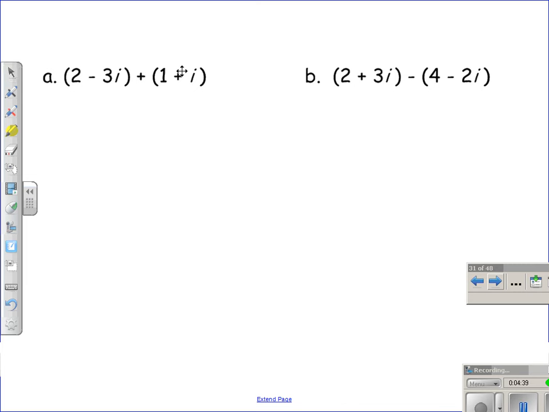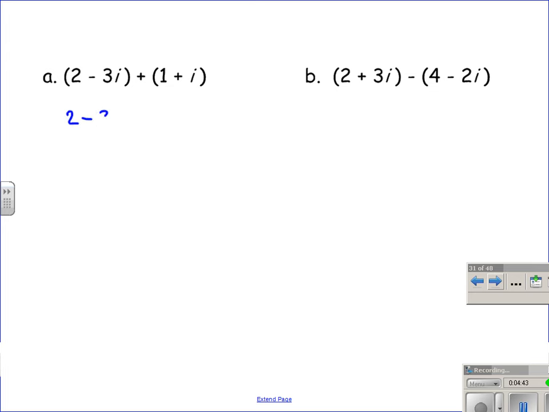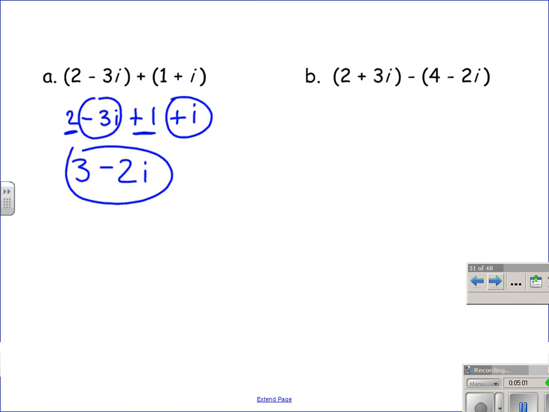So first of all, in this example, all we need to do is combine like terms. So this can be rewritten as 2 minus 3i plus 1 plus I. And I'm just combining like terms. So the 2 and the 1, 2 plus 1 is going to give me 3. And then I combine these two terms, and that's going to give me -2i. And so that's simplified there.